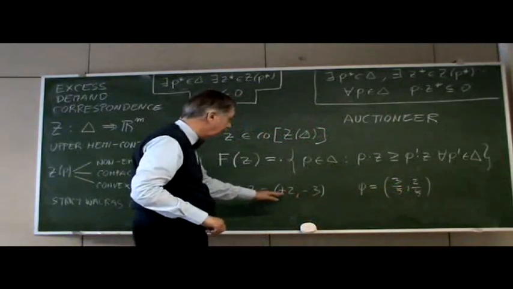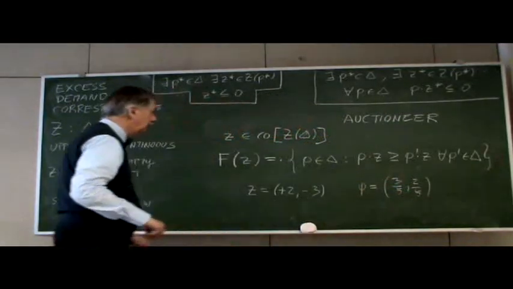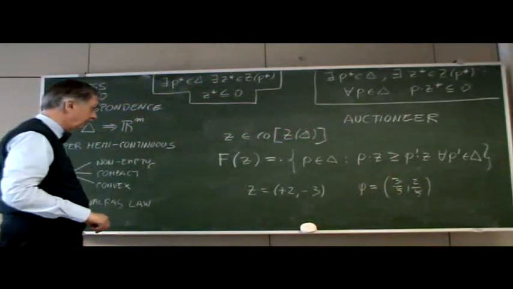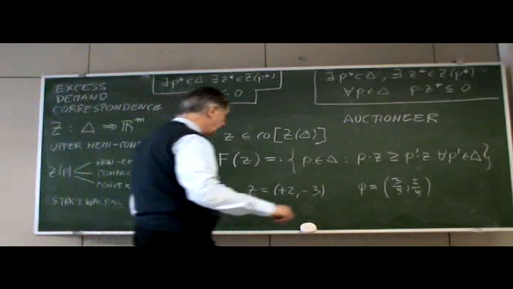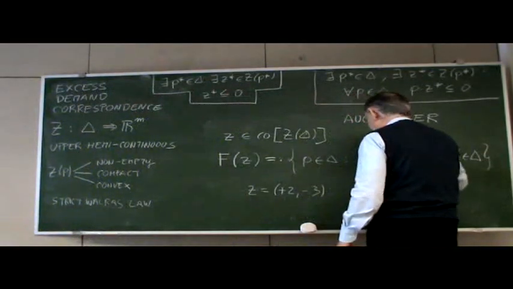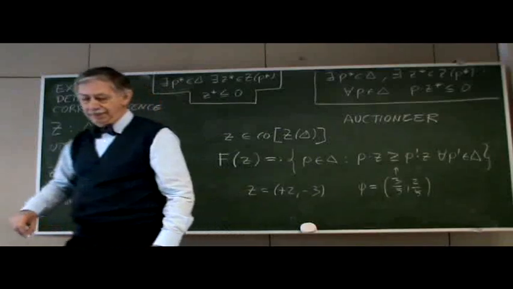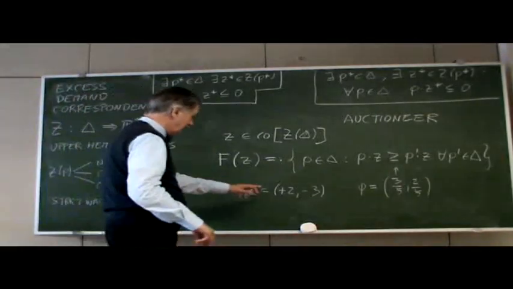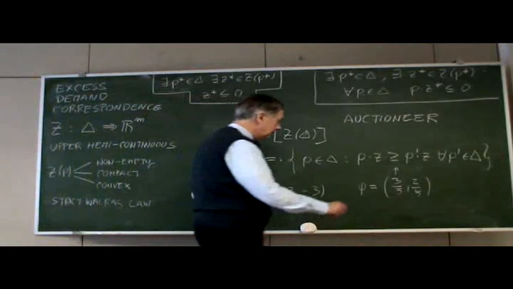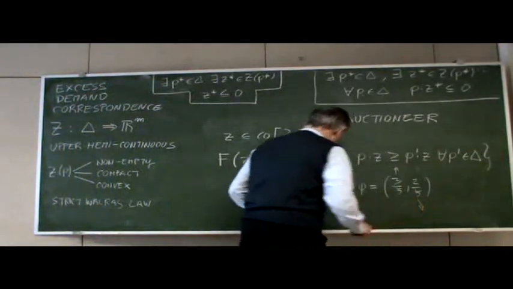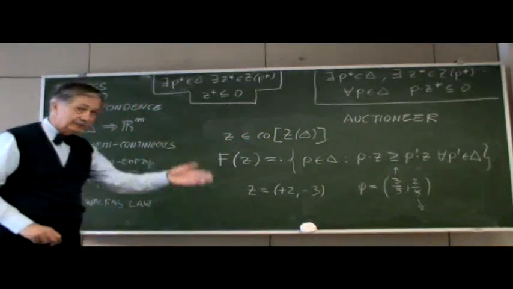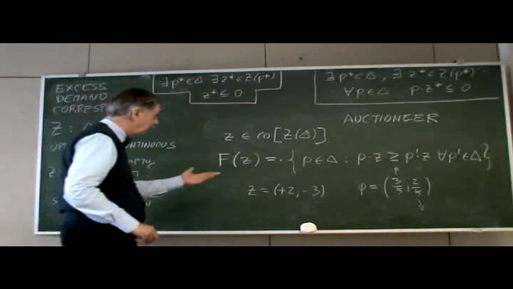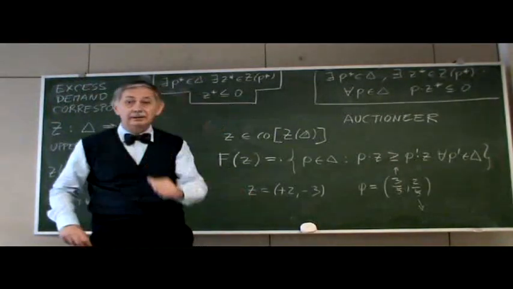The value of this vector is 0, clearly. So, strict Walras' law is verified. The Walrasian auctioneer increases the price of the first good, the good which has a positive excess of demand, and decreases the price of the second good, the good for which there is a negative excess of demand. In this way, he increases the value of Z.